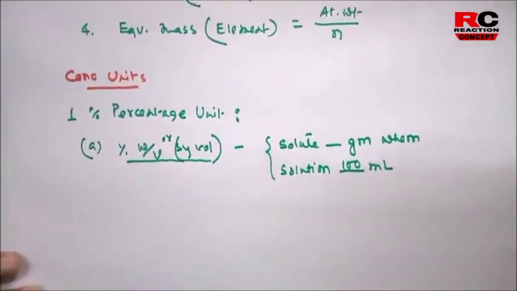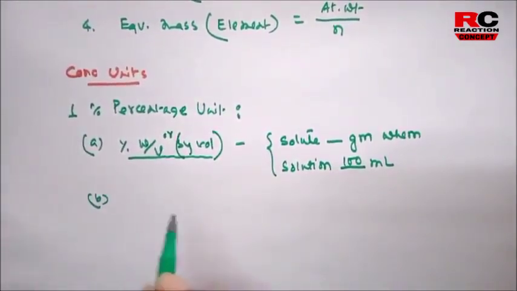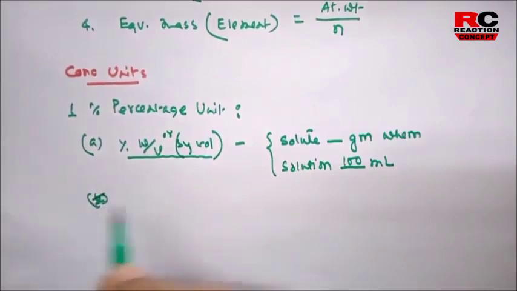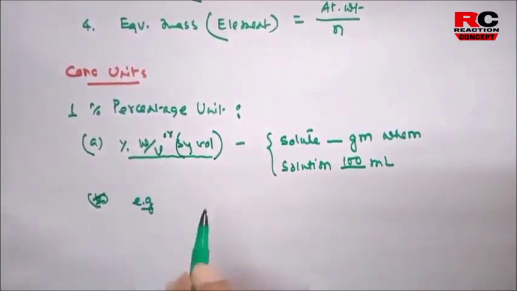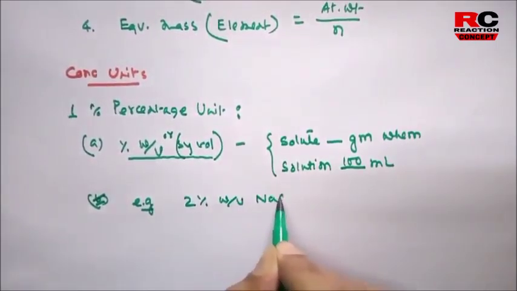Similarly, you have two other percentage units. For example, suppose you have a solution given as 2% W by V sodium hydroxide solution.